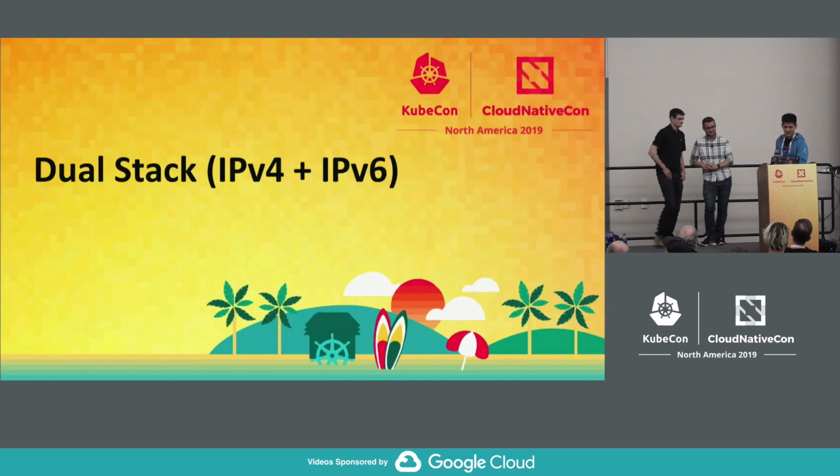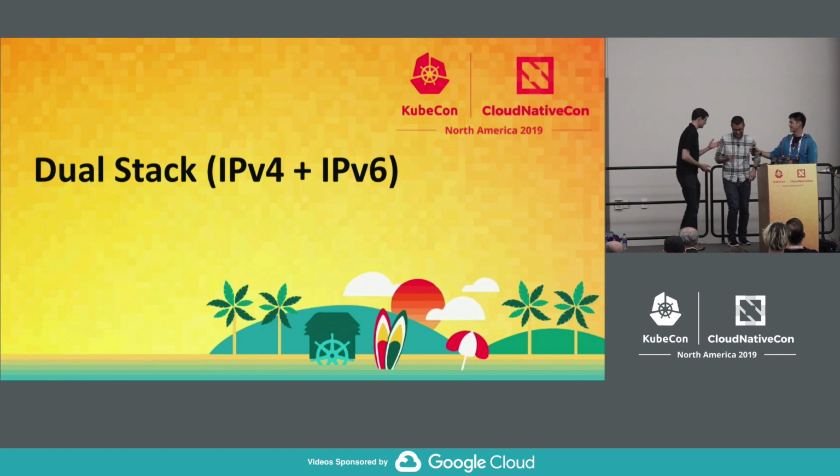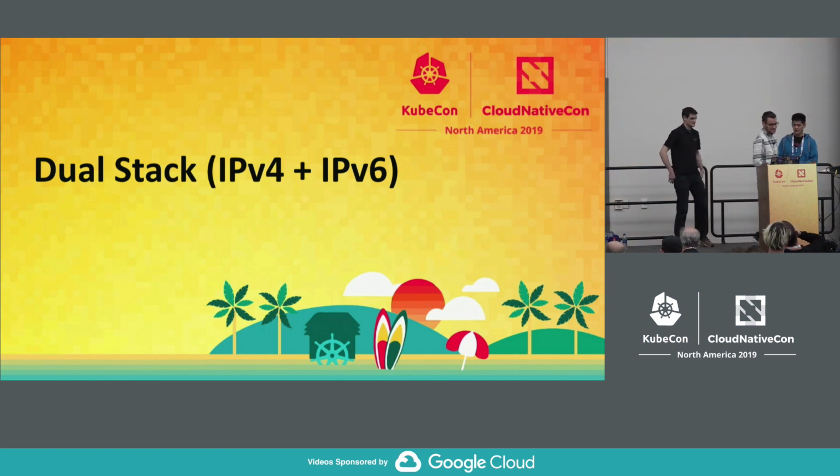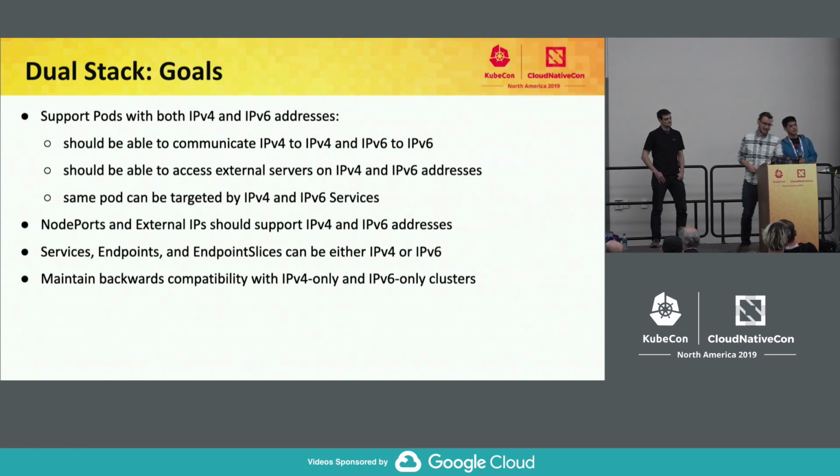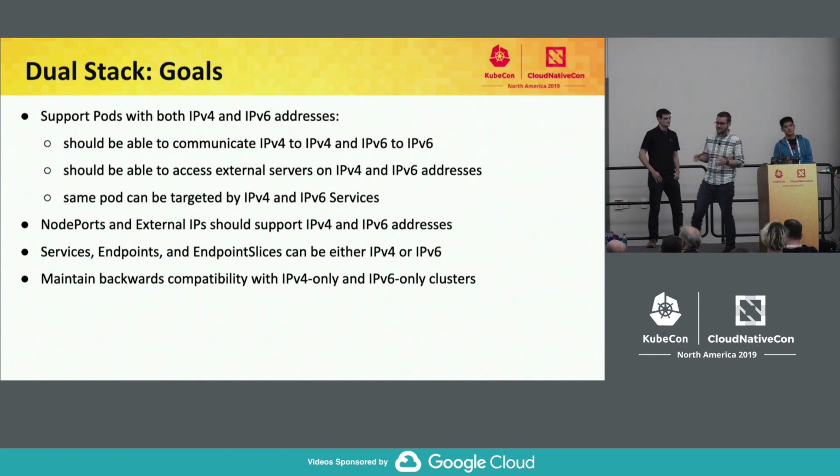So moving on to dual stack. Dual stack is a really exciting feature of Kubernetes that is starting to see some life in the form of an alpha release. To understand what we mean by dual stack in Kubernetes, we need to run through the goals for dual stack in Kubernetes.